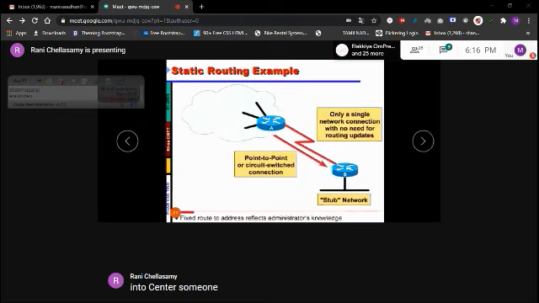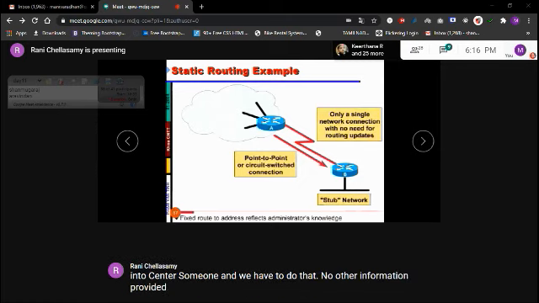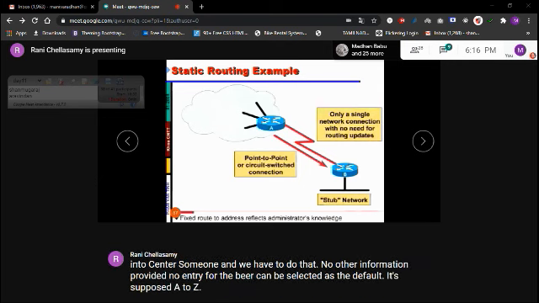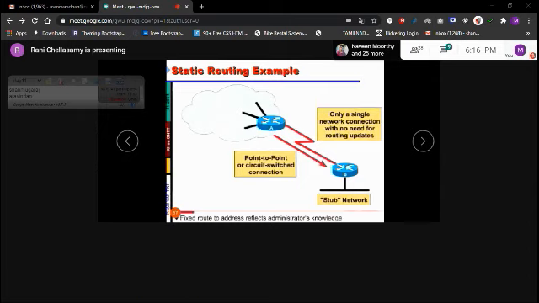So at B, it has to make the routing decision. If no other information is provided, no entry for the destination network, then the B router can be selected as the default route. If the packet is going to be transferred from A to C, then it is selecting B as the default route.